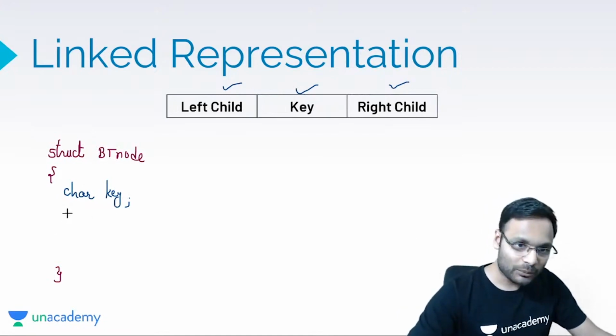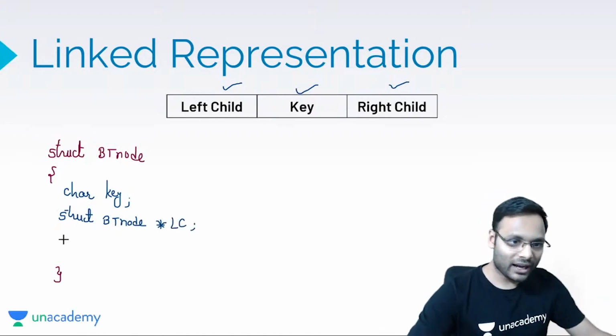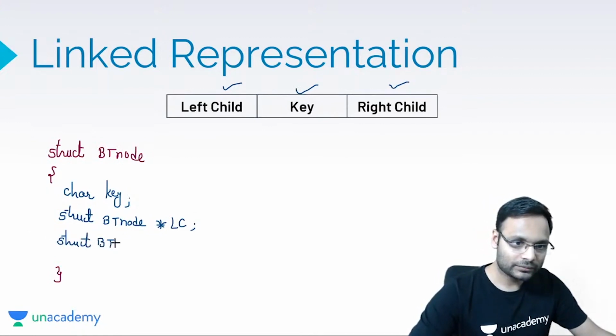Then you have left child pointer. Yes, what type? Struct BT node type pointer. Left child, I am just writing LC in short. And then another pointer, same binary tree node type pointer. Right child.